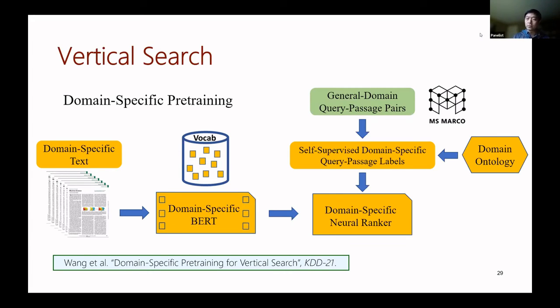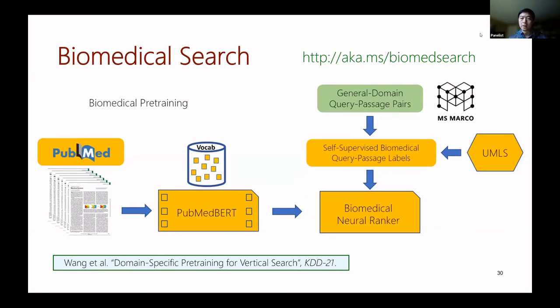You use the domain-specific text to train the domain-specific language model, and then you fine-tune that using a self-supervised QA dataset that has been selected based on the domain ontology. We find that this works really well in the biomedical domain using PubMedBERT as well as UMLS as the ontology, and we released this search engine from Microsoft.